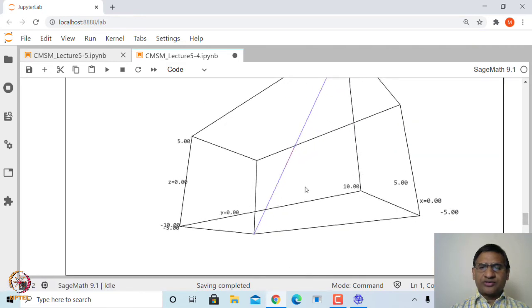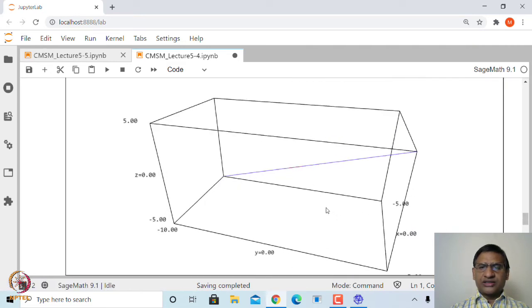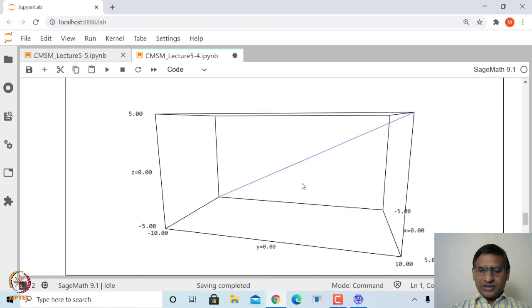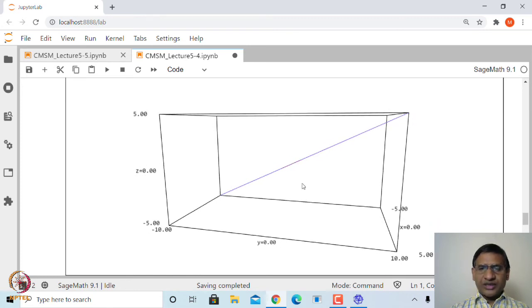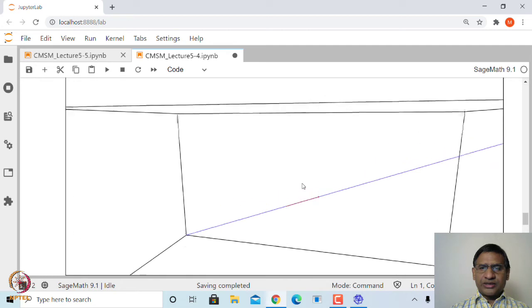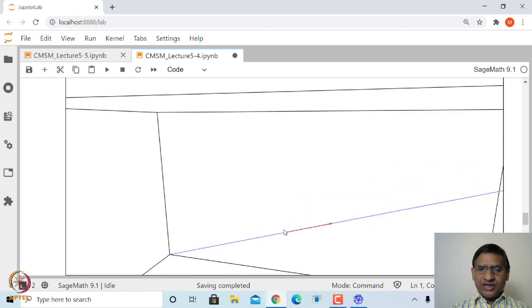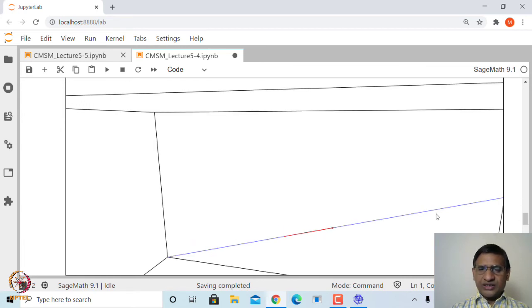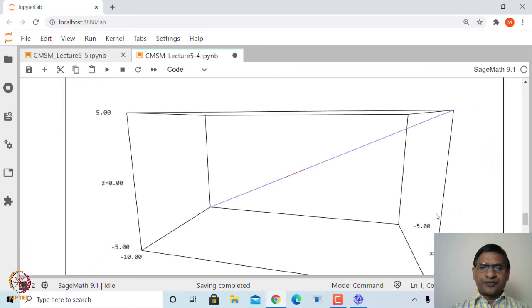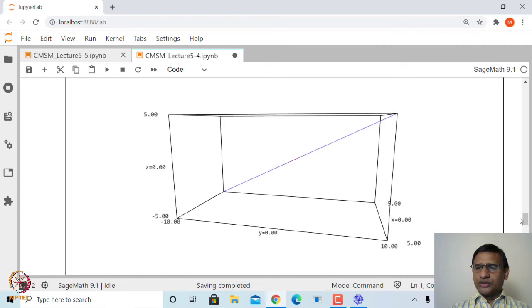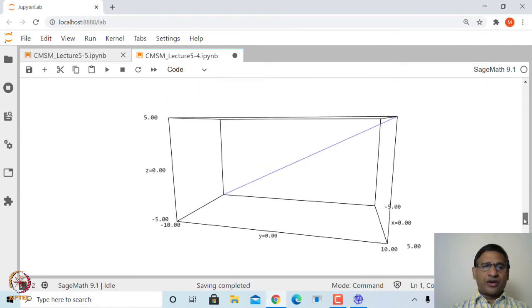Let me rotate this and see here. So that's the vector space. Let me make it slightly bigger so you can see that's the vector U, and this straight line passing through it is the subspace containing U. So it is the linear span of U.